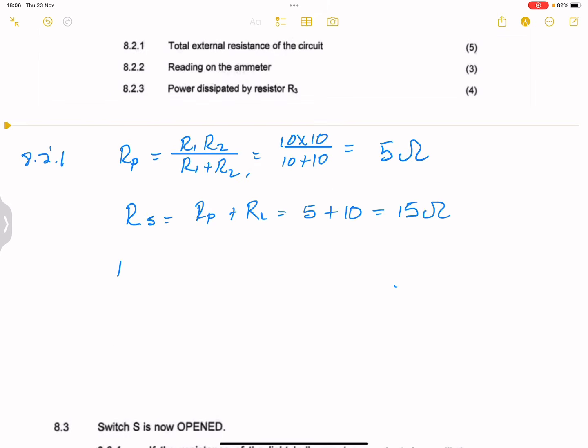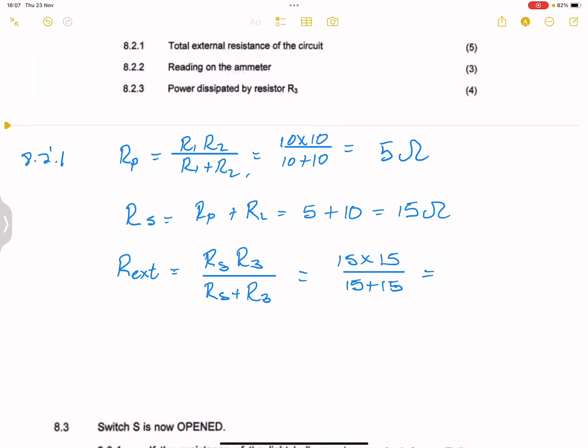So R external would now be a parallel of two combinations, which is RS times R3 divided by RS plus R3. So that's going to be 15 times 15 divided by 15 plus 15.